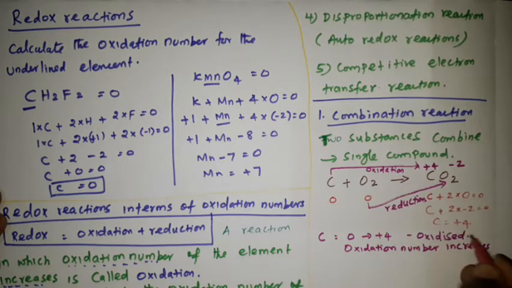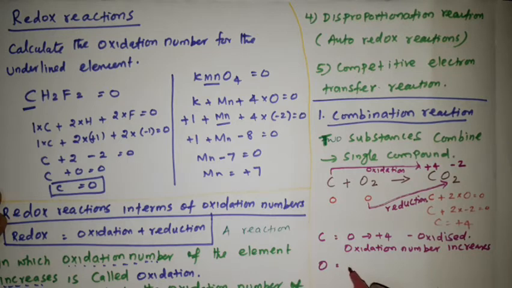Oxygen decreased from 0 to -2, so the oxidation number decreased and it is reduced.